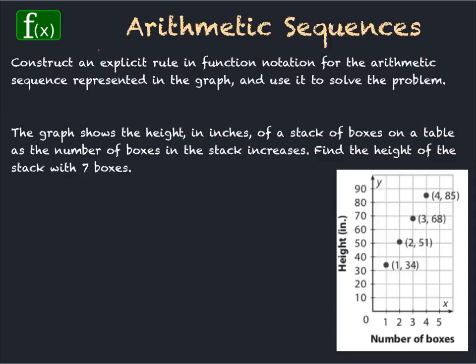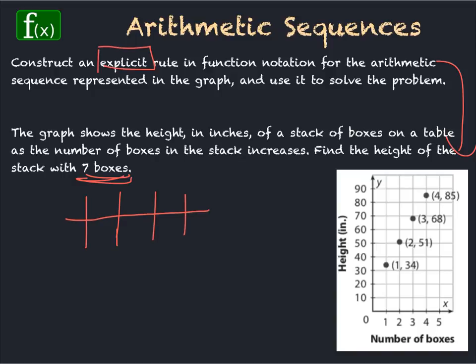Okay, so now we're going to write an explicit rule for the sequence given to us by this graph, and then we are going to use that rule to find the height when the stack is 7 boxes tall. Let's construct a little table here, just so that we can organize all of our inputs, outputs, positions and terms. Our inputs are positions.